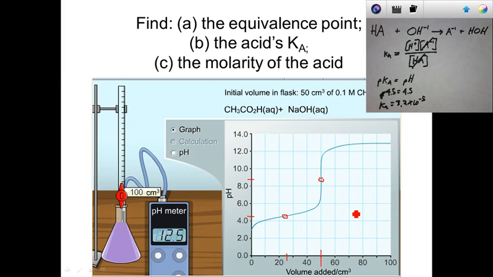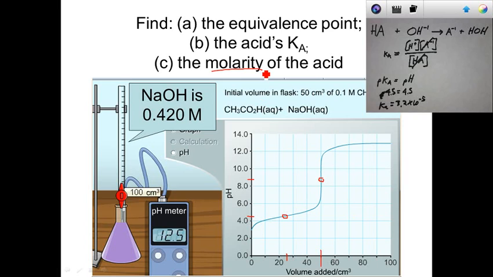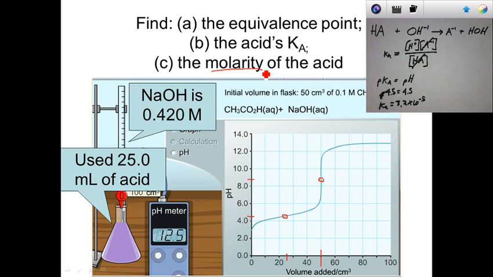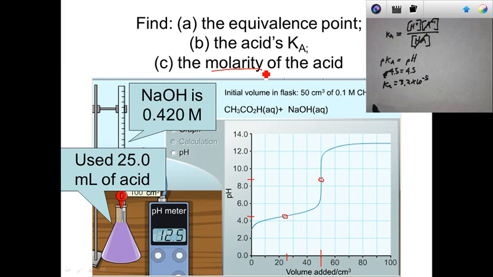Okay? If I were trying to determine the molarity of the acid, I need a little bit more information. For instance, if I knew the sodium hydroxide was 0.420 molar, and the amount of the acid was 25 milliliters, then I could actually figure this out. I'll say that the molarity, or moles per liter, of the acid is equal to the moles per liter of the base, moles, not ml.